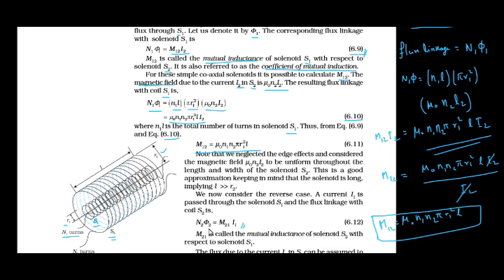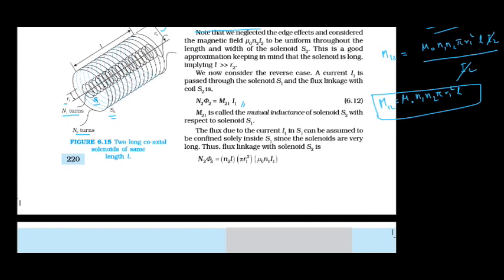Here we have written N1 phi 1 is equal to M12 I2, and here N2 phi 2 is equal to M21 I1 in the same way. M21 is called mutual inductance of the solenoid S2 with respect to solenoid S1.